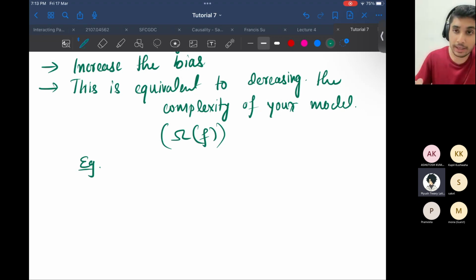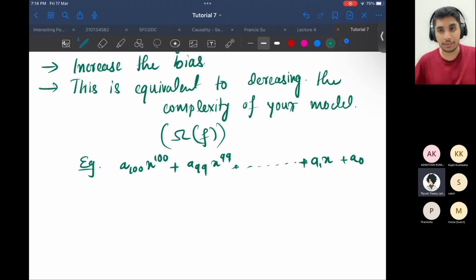So let me write down a polynomial with degree 100: a100 x raised to 100, plus a99 x raised to 99, plus dot dot till a1 x plus a0. I hope you will agree this is a very high variance model. At least that is what we discussed in the context of our discussion.